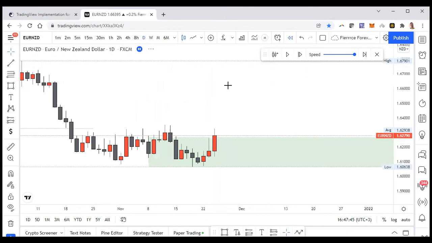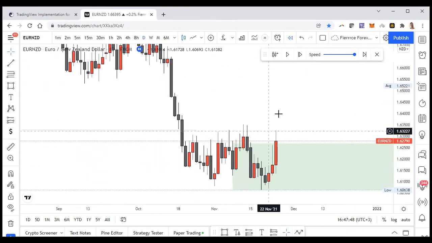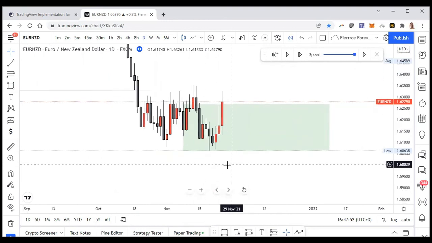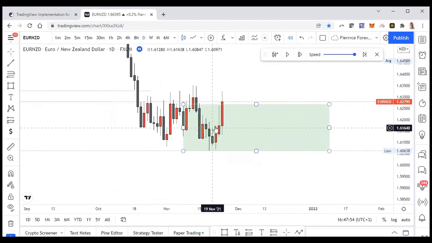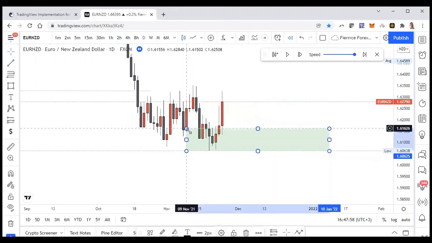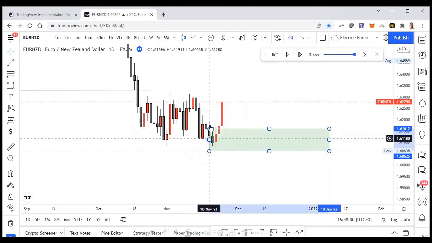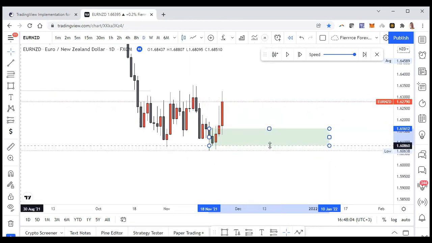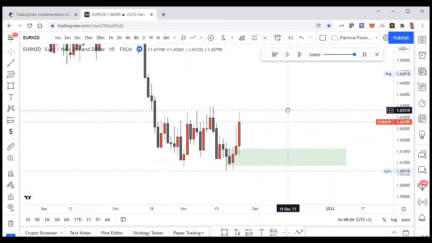If I go on the daily, I can refine this a bit more. Even now, we have a more refined demand zone here, the last down move before this up move to the upside.